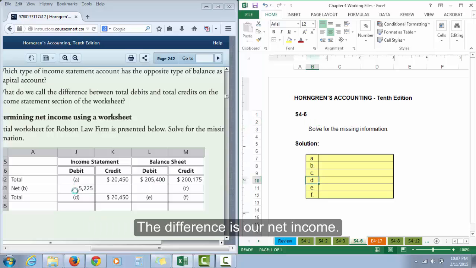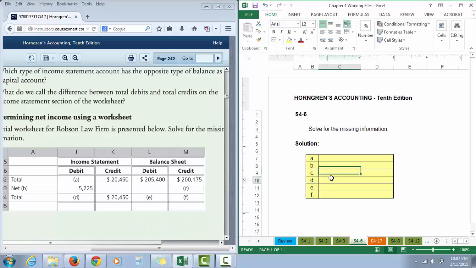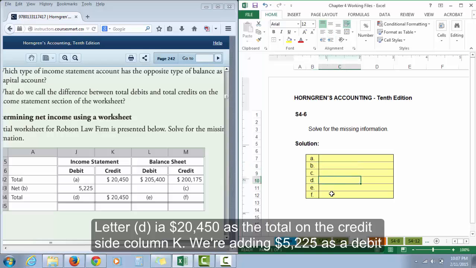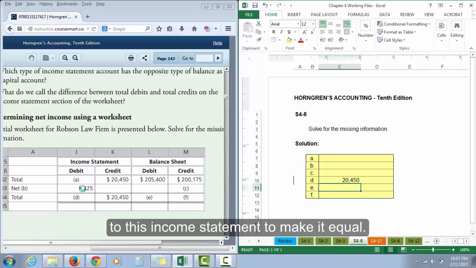So for here, on this letter D right here, it's going to be the same amount, $20,450, as the total over here on the credit side for column K. Okay, because this is what we're doing. We're adding $5,225 as a debit to this income statement to make it equal.